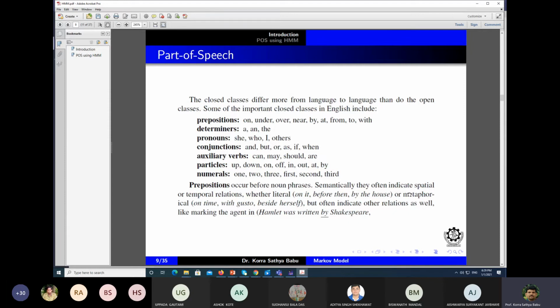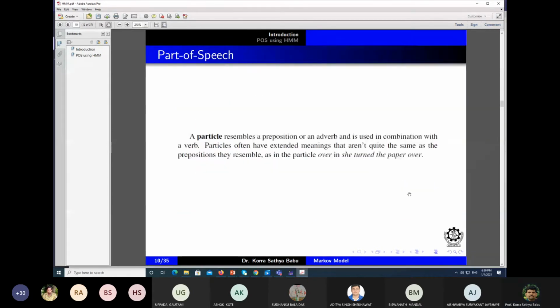For example, in the sentence I thought that you might like some milk, the word that is a subordinating conjunction that links the main clause I thought with the subordinate clause you might like some milk.